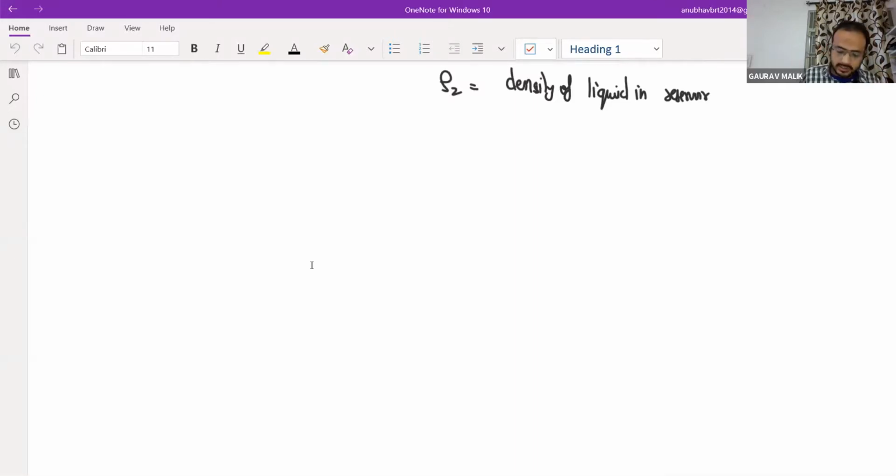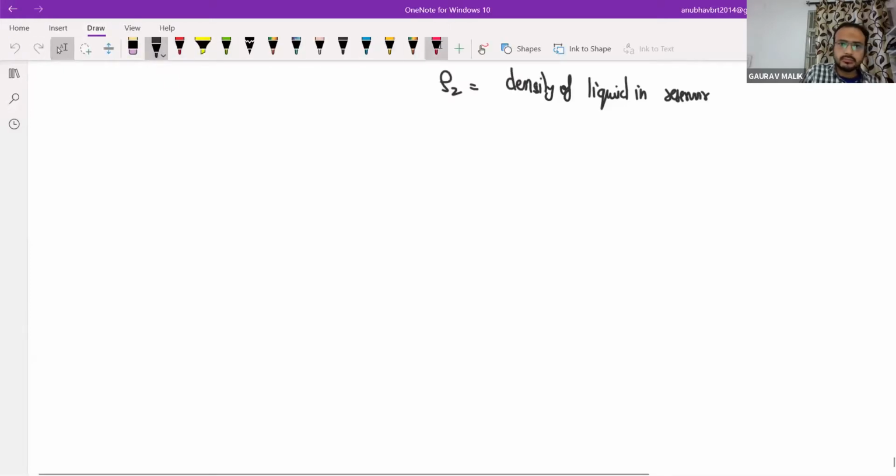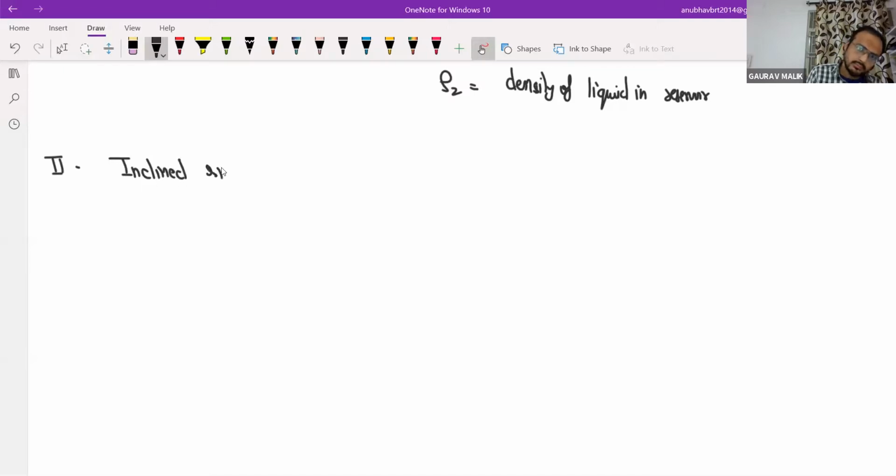Second one is inclined one. Inclined single column manometer.